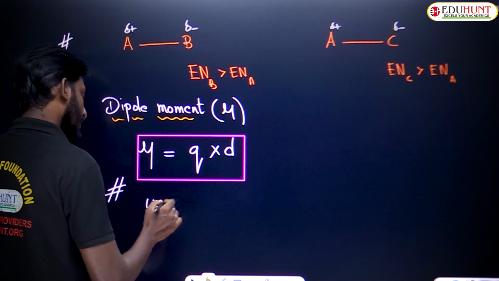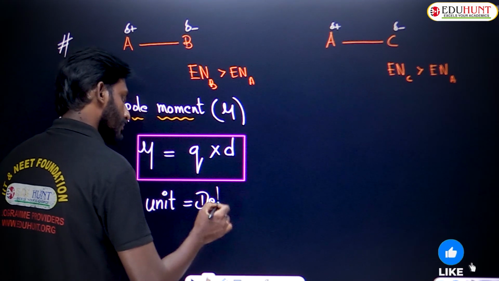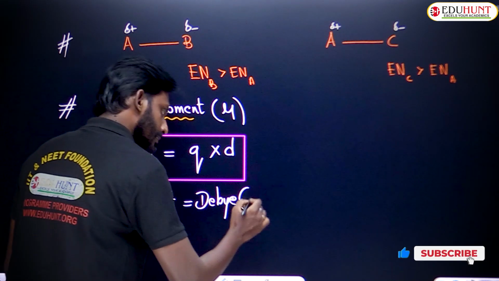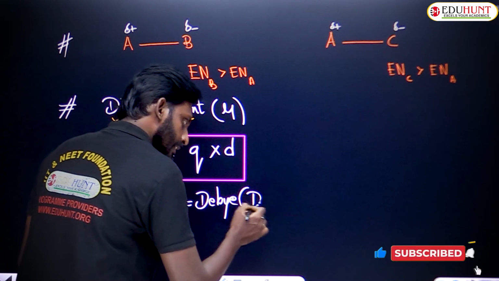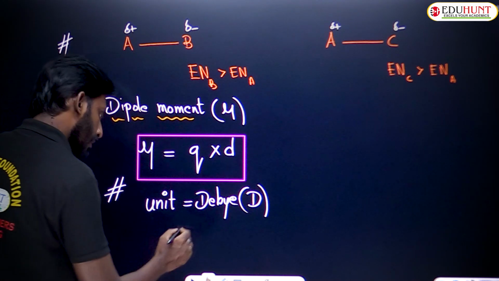The unit for dipole moment is debye, and you can simply indicate it with the capital letter D. Sir, what is debye, sir? What is debye?